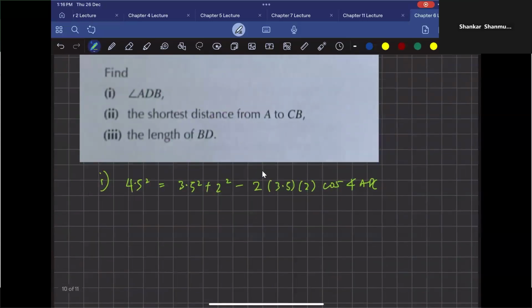So when I simplify this, cos angle ADC, I would get 16.25 minus 4.5 squared over 2 times 3.5 times 2, which gives minus 2 over 7.